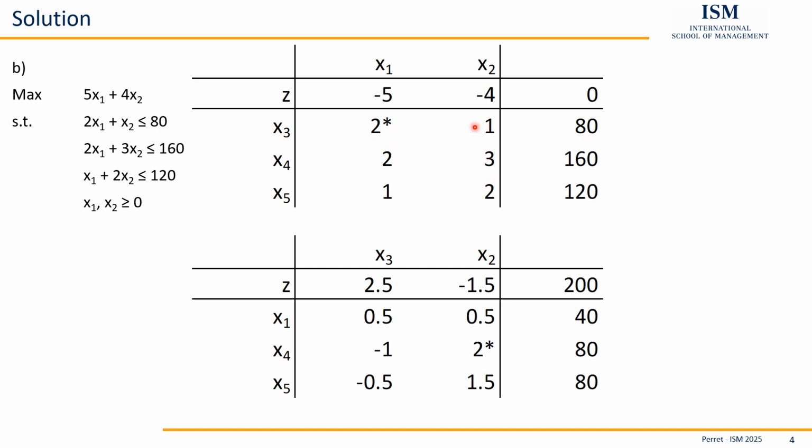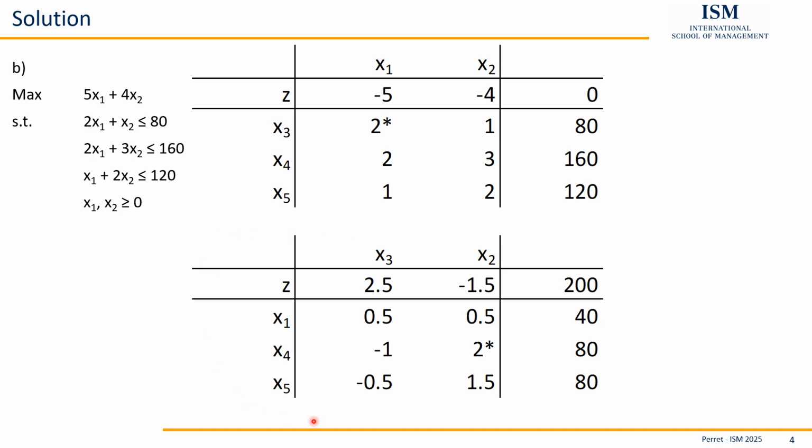For this 2, working with this rectangle, 2 minus this times this divided by this. For the 160, I have this rectangle, 160 minus 2 times 80 divided by 2 gives me 80. For this 120, I have this rectangle, 120 minus 1 times 80 divided by 2 gives me 80 as well.